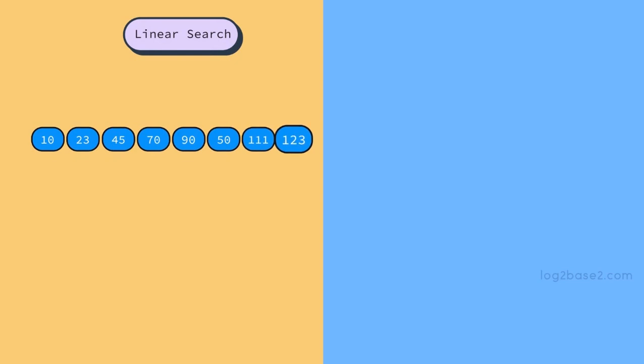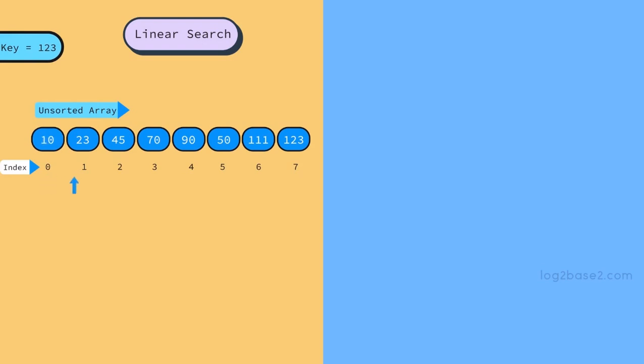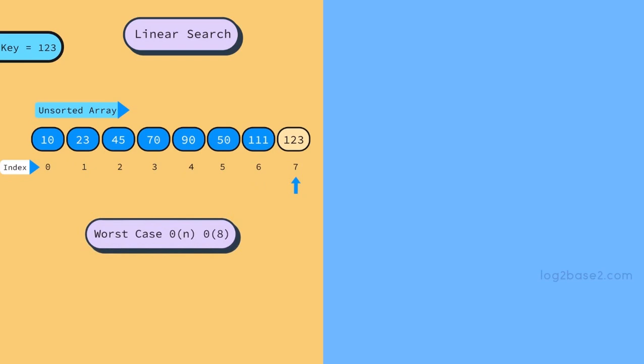Now let us have a quick comparison of the time complexity of linear search and binary search. If we have this array and key 123, we have to make 8 comparisons checking each and every element in order to find it in linear search. And the worst case time complexity is order of n, that is order of 8 here.